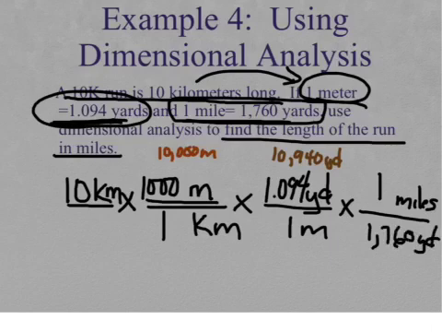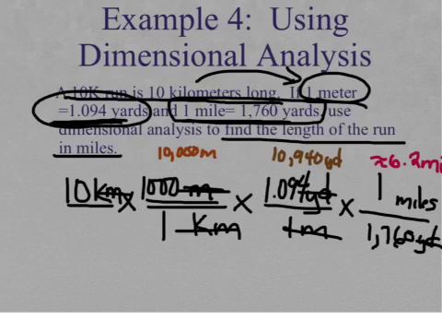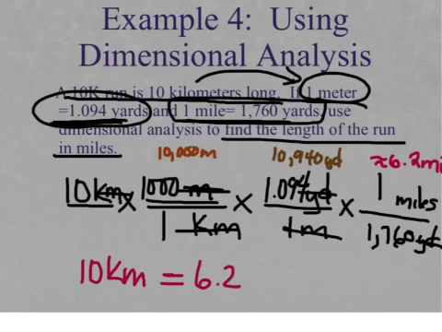And then when I finally multiply this, you'll see that the kilometers changed to meters, the meters then canceled out and I got yards, and then finally I'm going to cancel out my yards by continuing this problem, and then I'll get the miles value, which is approximately 6.2 miles. So at the end of the day, we know that a 10 kilometer run is equal to a 6.2 mile run.